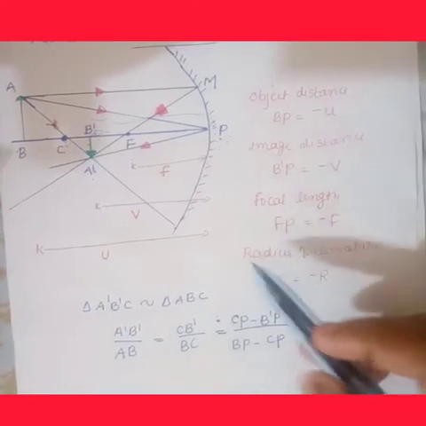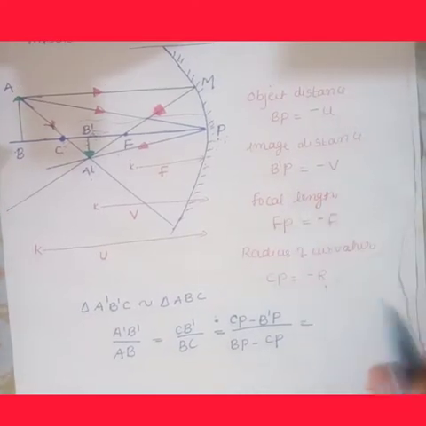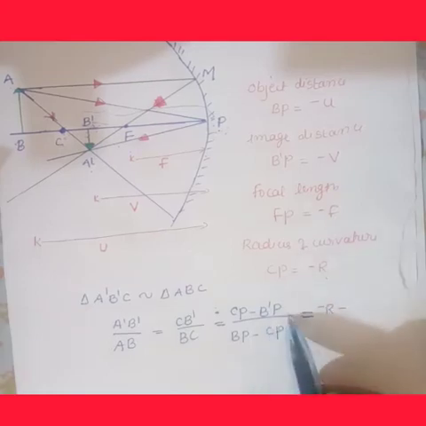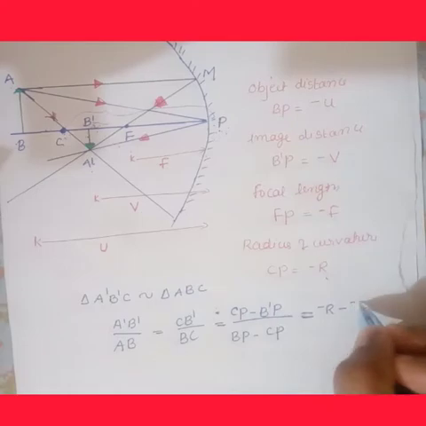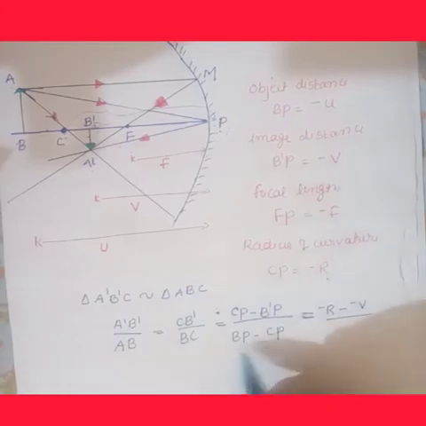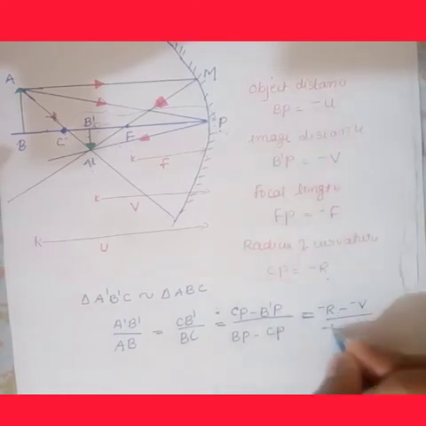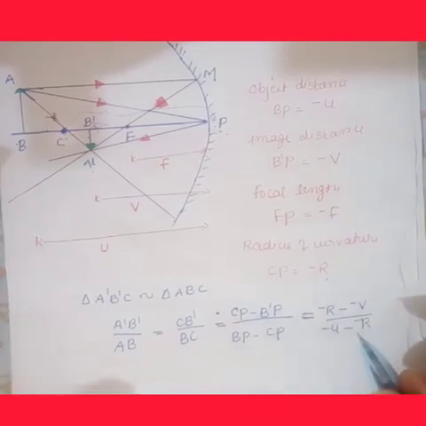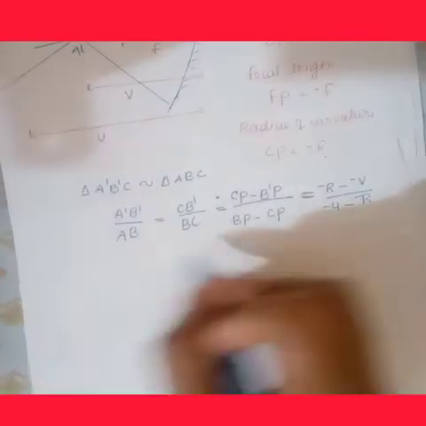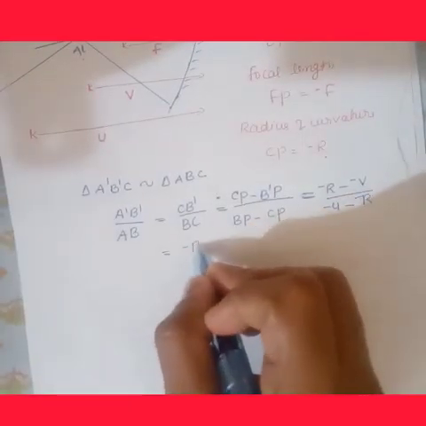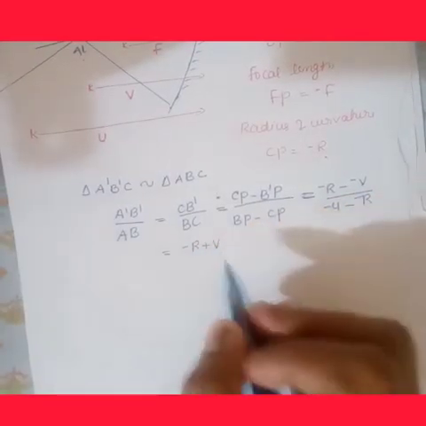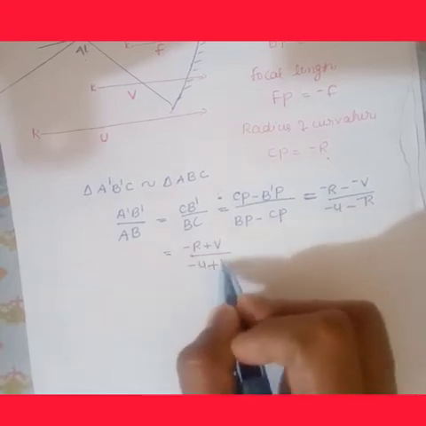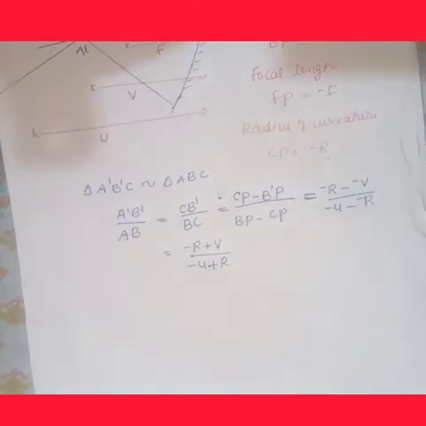Then write the values here. CP is minus R, the radius of curvature, minus B dash P is minus v, divided by BP, which is minus u, then minus CP which is minus R. Which is equal to minus R plus v divided by minus u plus R.